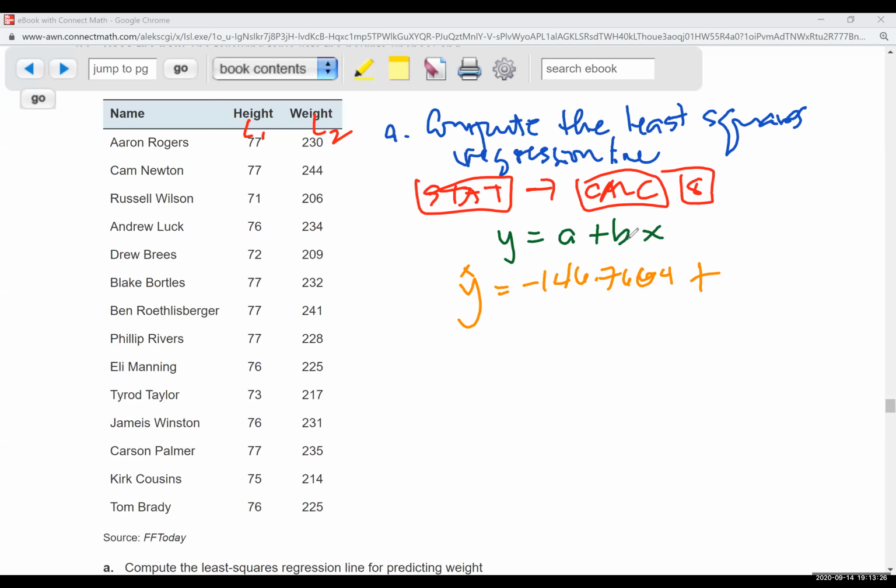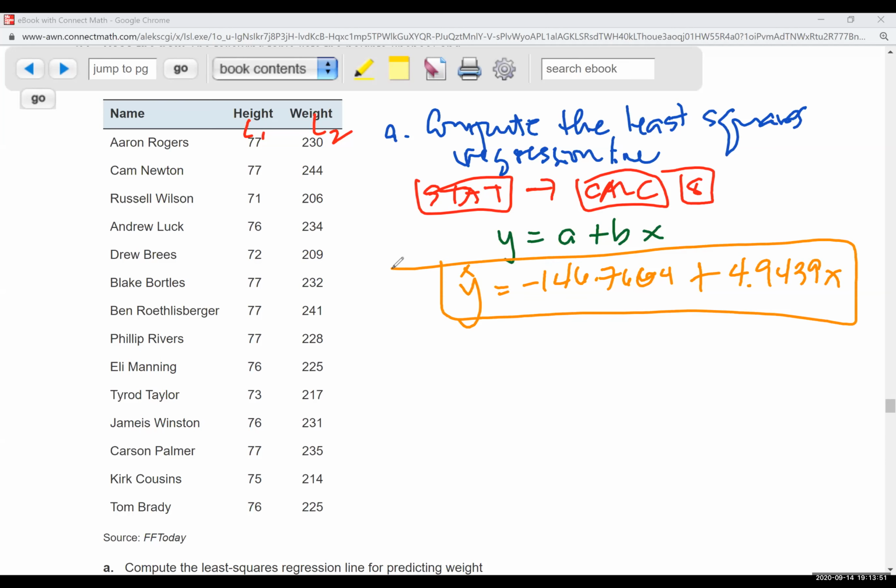Plus what is your B, which is the slope? 4.9439. So this is the equation of the least squares regression line, and that's what we want, right? Did you get the same thing?